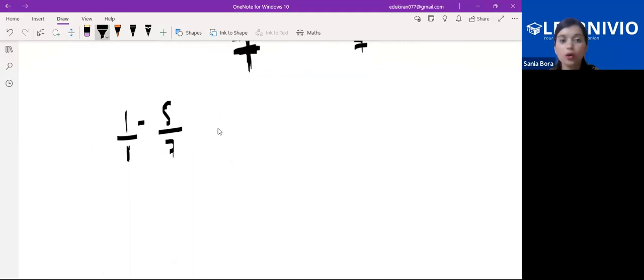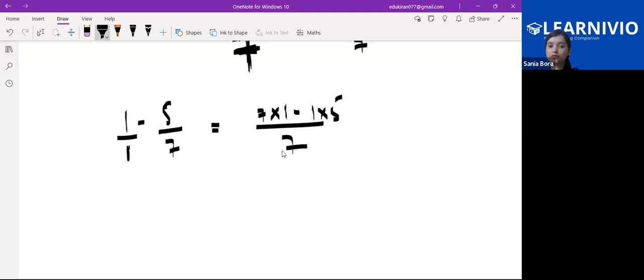No. So you will take 7 here. In the 1 table, 7 comes at what time? 7. So 7 multiplied by whatever is written in the numerator, 1. 7 multiplied by 1 minus 5. And in the 7 table, 7 comes at 1 multiplied by 5. So 7 minus 5, and you got 2 by 7.